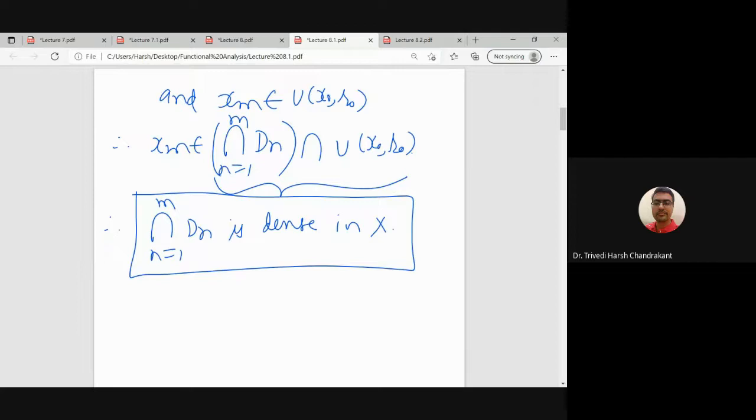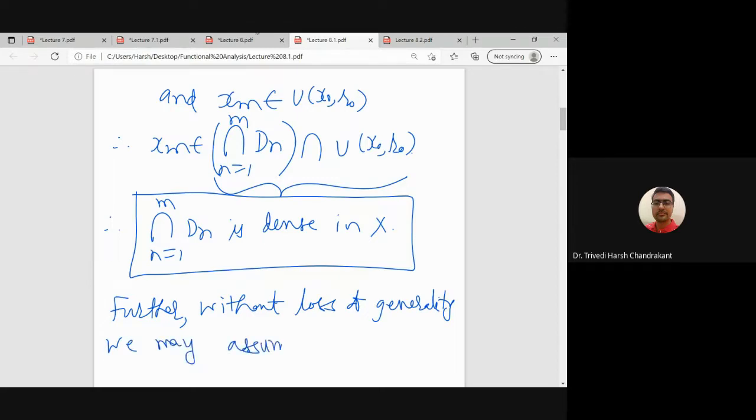So further, without loss of generality, we may assume that now the radius thing will come.